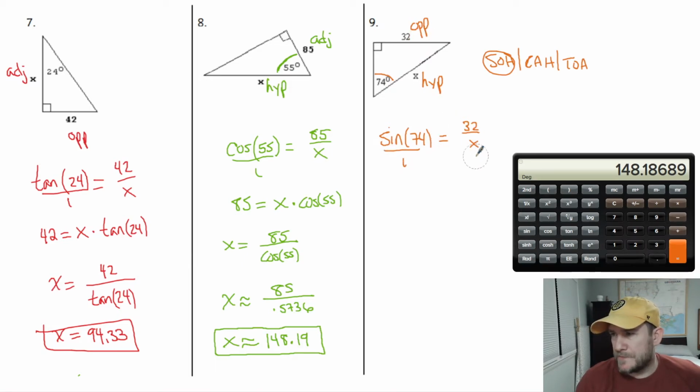Throw that over 1. When we cross multiply, we'll get the 32, and it'll equal x times sine 74, which means to solve, you got to divide by sine 74.